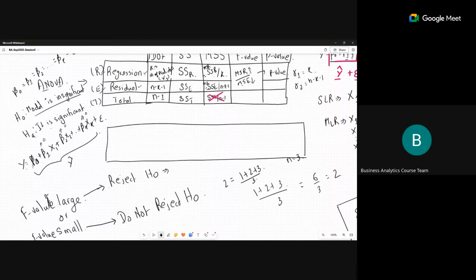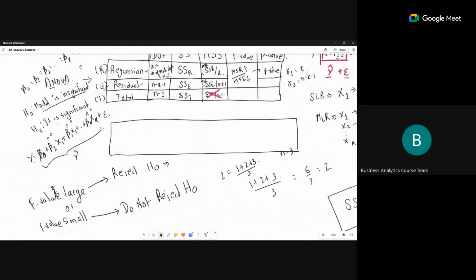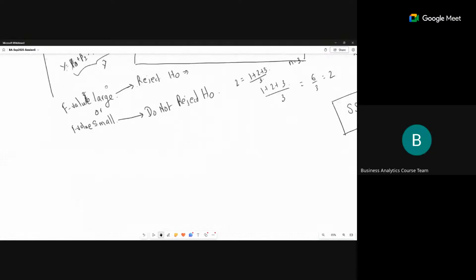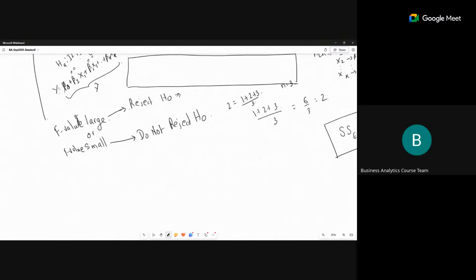Now comes the question, okay, the model is significant, which means what? Beta not equal to beta of this guy. This statement, you are rejecting this statement. When you reject this statement, the next question that comes into mind is, which betas are non-zero?